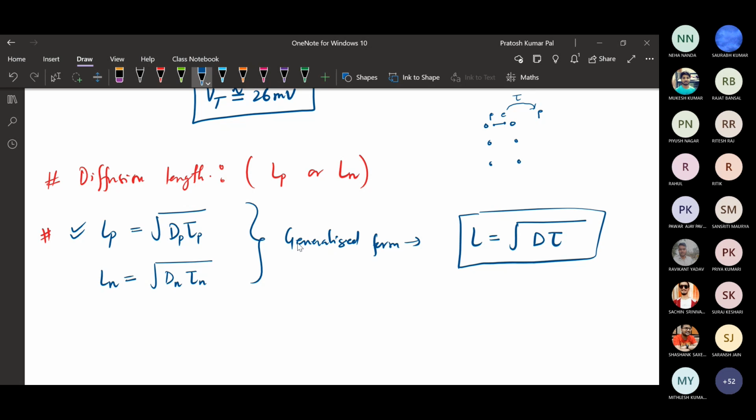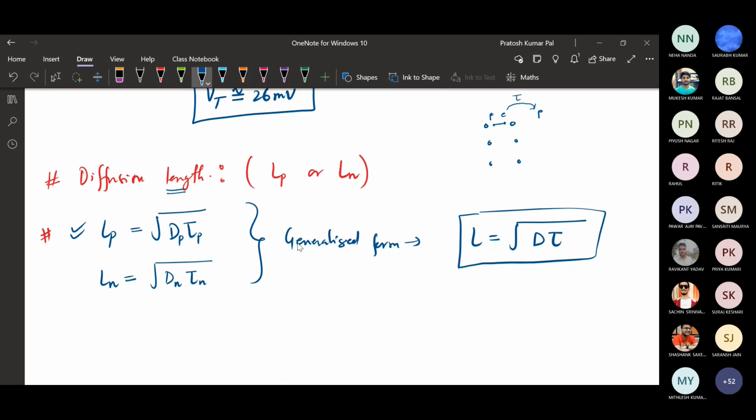To remember, you can relate on what parameters it will be depending. First of all, this is defined in case of diffusion, so it will depend on the diffusion coefficient. Also, the charge carrier is traveling a particular length, and how much length it travels depends on its time period, for what time period it is available in the semiconductor.